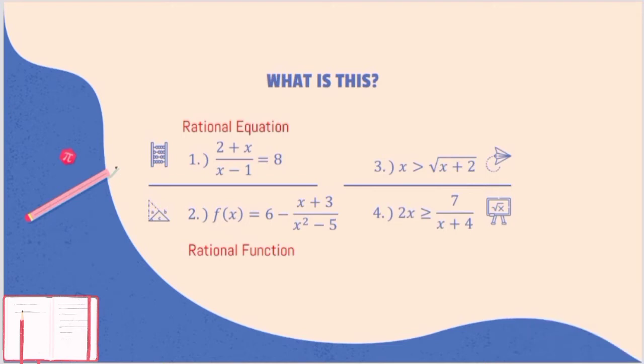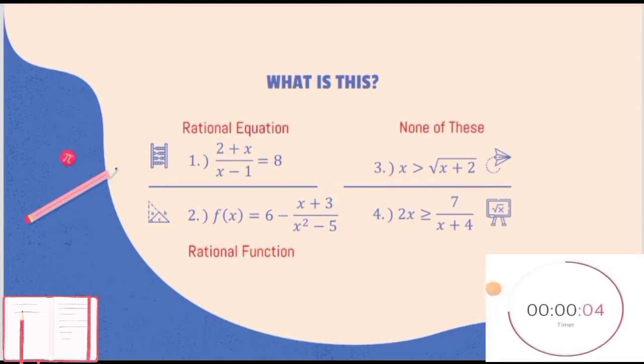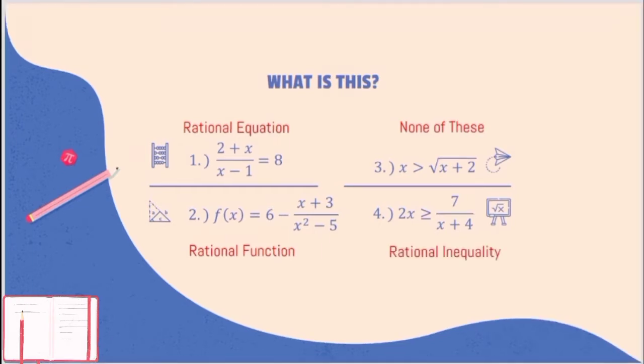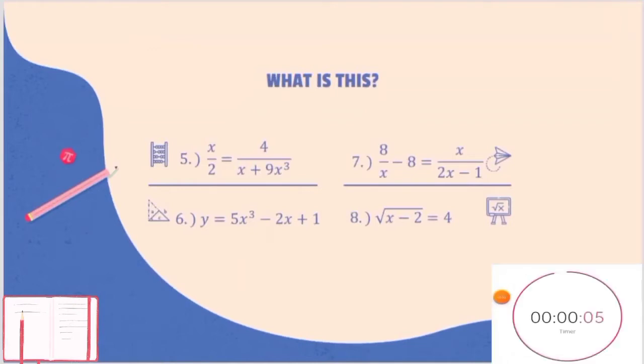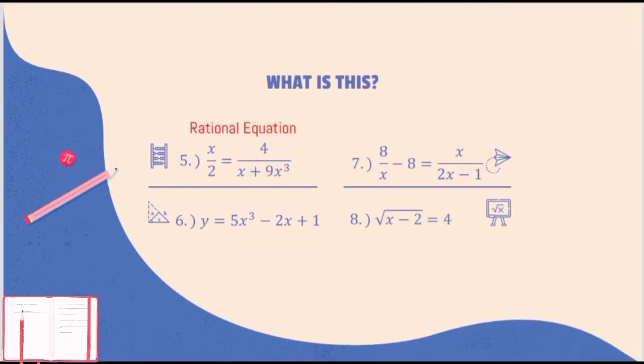It is actually none of this. As you can see, there is a presence of a radical symbol. How about number 4? This is a rational inequality. How about number 5? This is a rational equation.